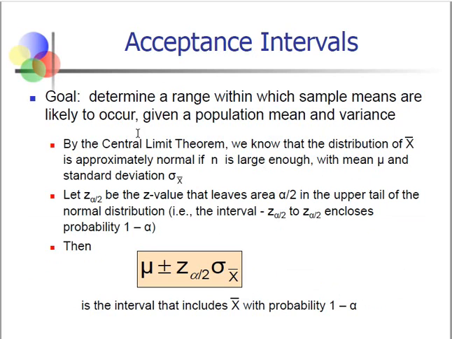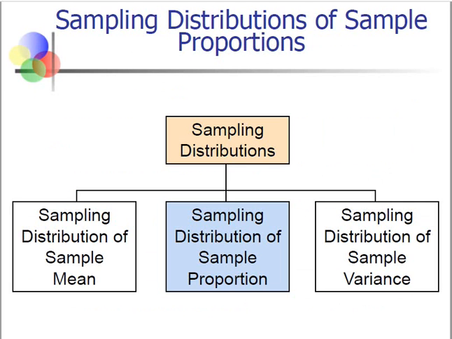We are going to use this when we start talking about confidence intervals. So we have discussed the sampling distribution of sample means. We have seen how to find the mean, the standard error, which is just the standard deviation of sample means, and how to find the probability. To find the probability, we have two cases.